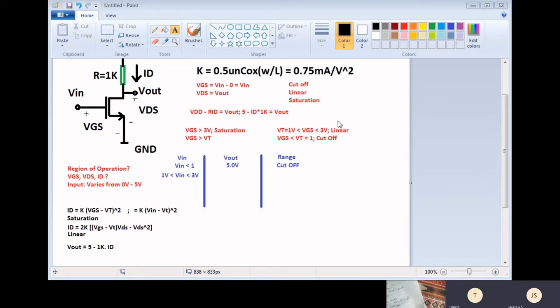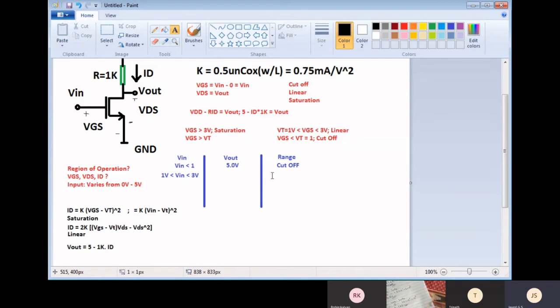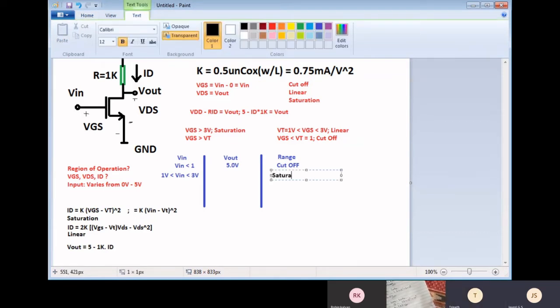Hello, sir. Small correction. VGS greater than 3 volts, that will be in linear, and when it is less than 3 volts and greater than 1 volt, it will be in saturation. Yes, that is what was already informed.